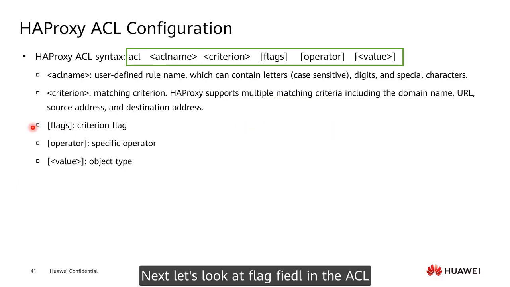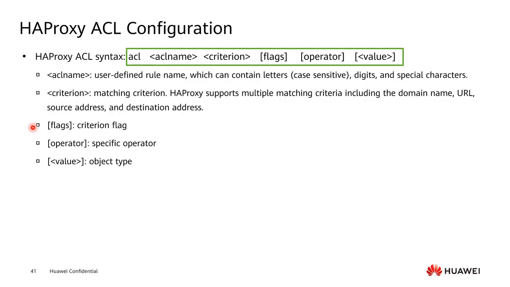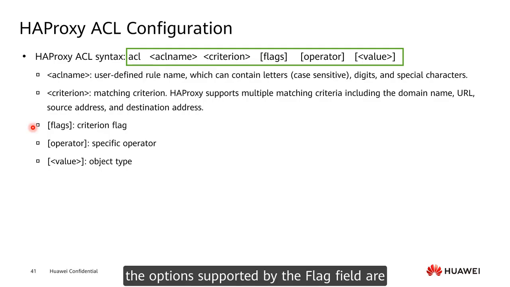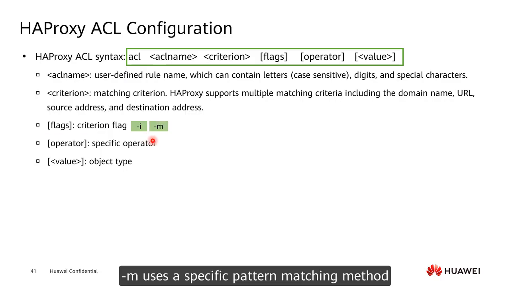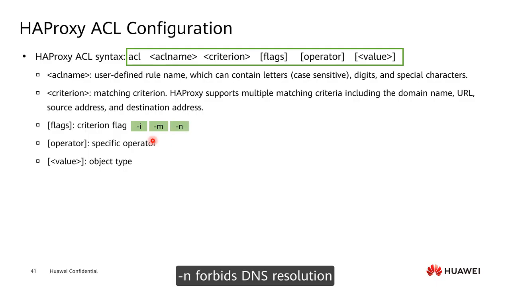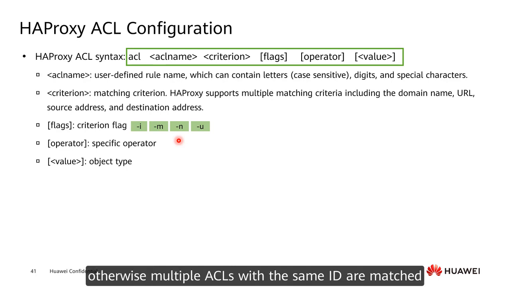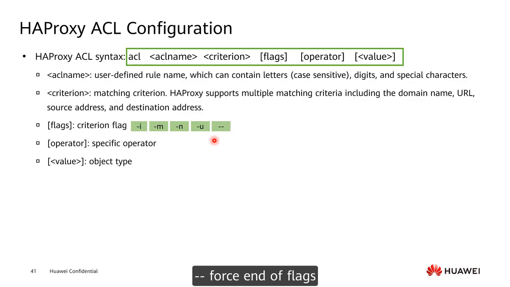Next, let's look at the flag field in the ACL. The options supported by the flag field are: -i, case insensitive. -m uses a specific pattern matching method. -n forbids DNS resolution. -u forces the unique ID of an ACL, otherwise multiple ACLs with the same ID are matched. -- forces end of flags.